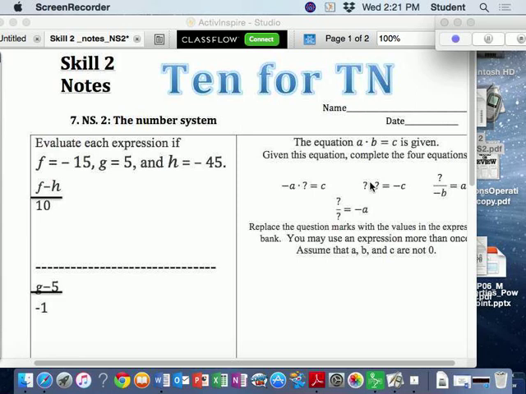Okay. Evaluate each expression if f equals negative 15, g equals 5, and h equals negative 45. So we have f minus h divided by 10.